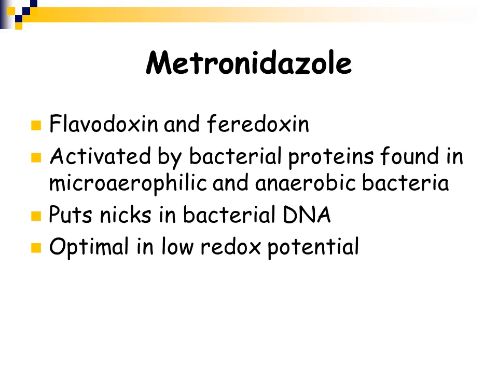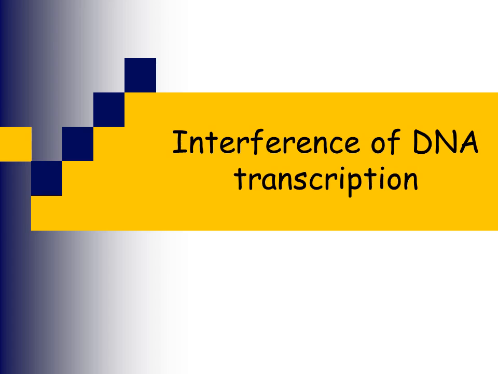And these agents are optimally active in low redox potential, so low oxygen environments, which is why they are going to be more effective with your anaerobes or microaerophilic organisms because they're in an atmosphere of lower oxygen potential.